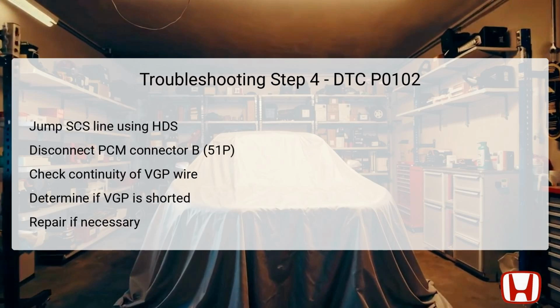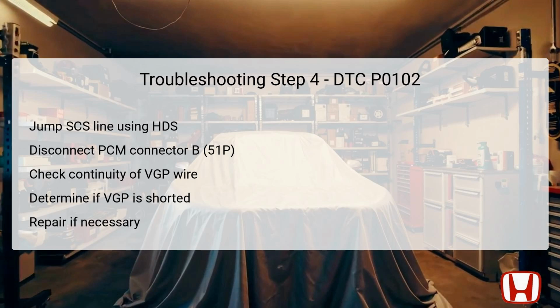In this step, the technician must jump the SCS line using the HDS tool, which allows for troubleshooting without entering the SCS mode inadvertently. After ensuring the SCS line is jumped, the next critical action is to disconnect the PCM connector B, which contains multiple wiring terminals.